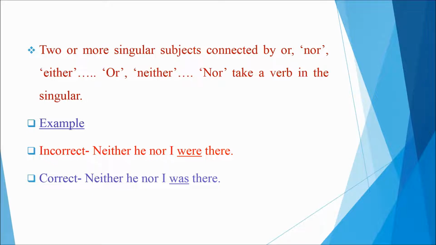No. The correct sentence is neither he nor I was there. Here, he and I are two singular subjects connected by neither nor. So, we have to add a singular verb was to it. So the correct sentence is neither he nor I was there.